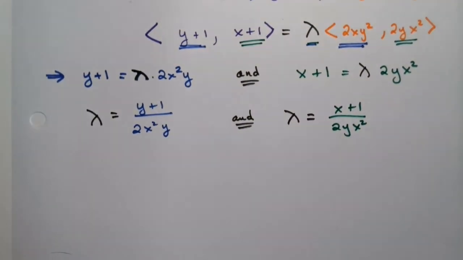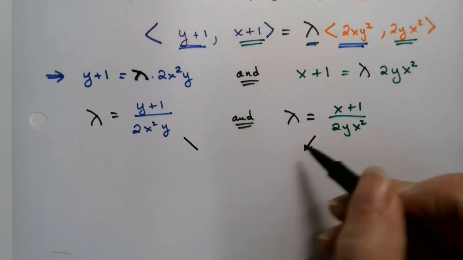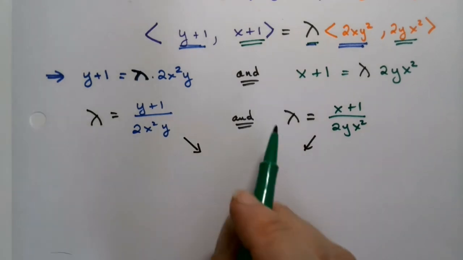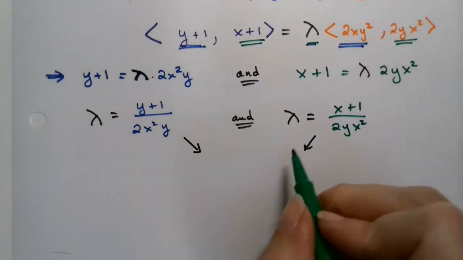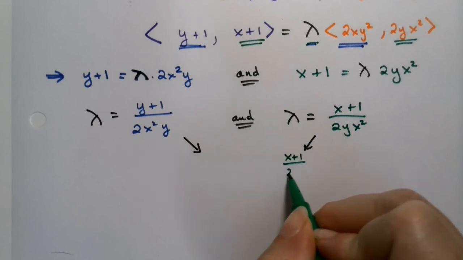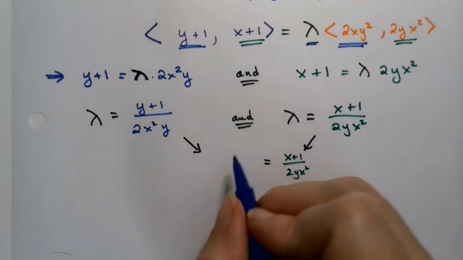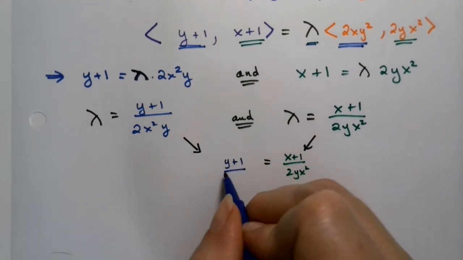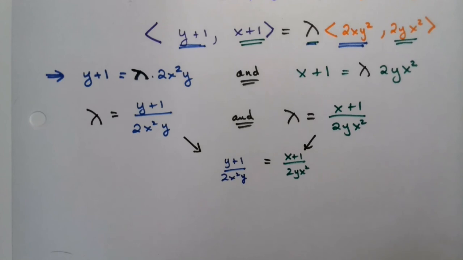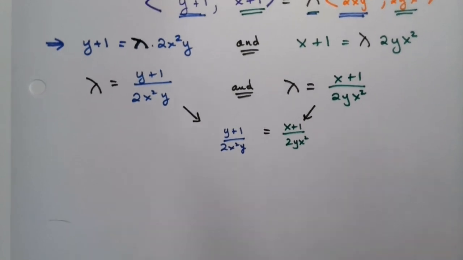Putting those two pieces together, because they're both equal to lambda, that means that they're equal to each other. And that means that x plus 1 over 2yx squared is equal to y plus 1 over 2x squared y. Right? Because they're both lambda, and lambda is equal to itself.